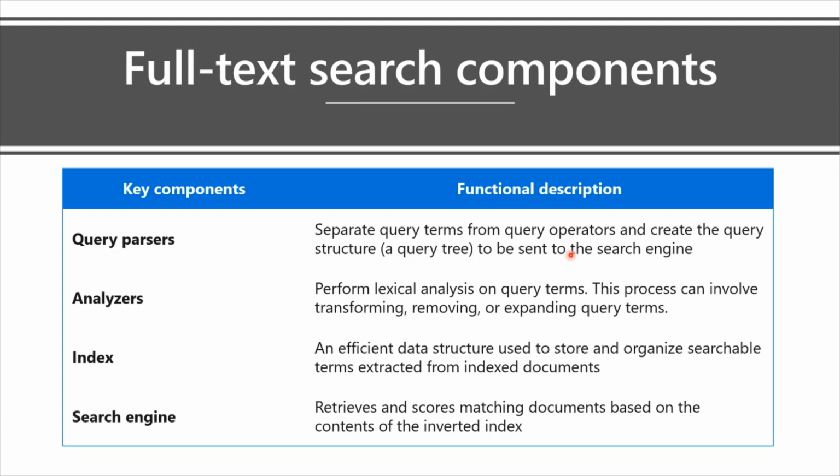Processing a full text search query starts with parsing the query text to extract search terms. The search engine uses an index to retrieve documents with matching terms. Individual query terms are sometimes broken down and reconstituted into new forms to search more broadly for what could be considered a potential match.